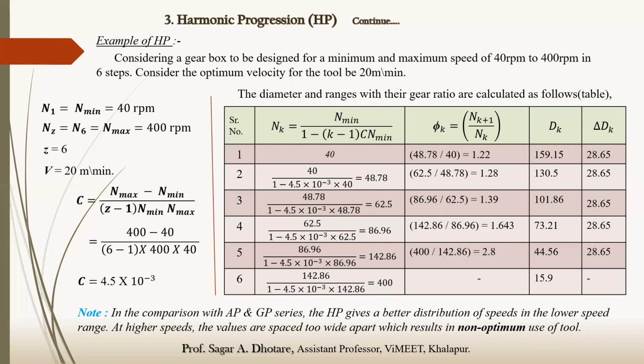As you look at the speed variation between step 5 and step 6, there is a sudden change from 142. You have to directly step to 400 rpm, which is very difficult for design purposes, because it increases the dimensions and all the parameters.